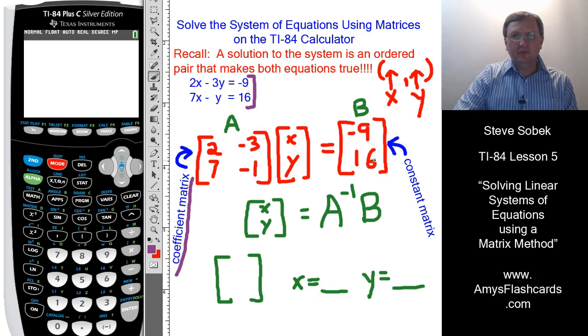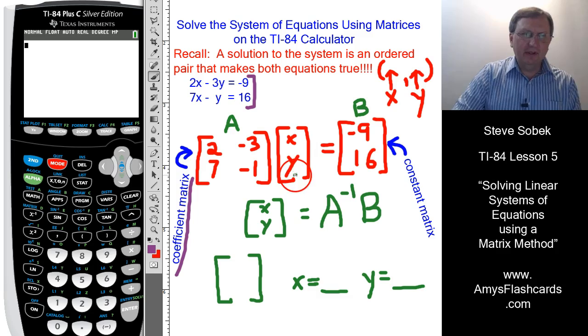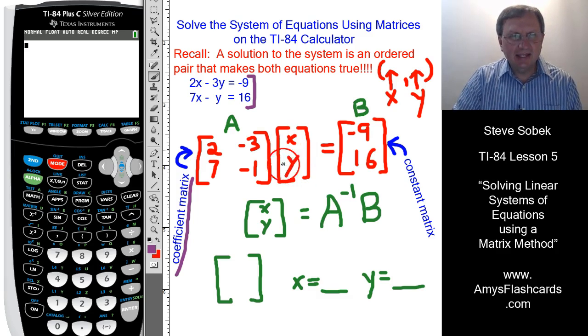If we want to isolate x and y, we'd have to get rid of this. We would multiply both sides by A inverse, the inverse of matrix A. A inverse times matrix A would give you the identity matrix, and the identity matrix times this would give you just this, x and y.